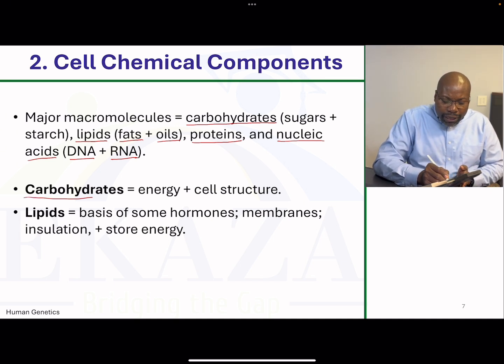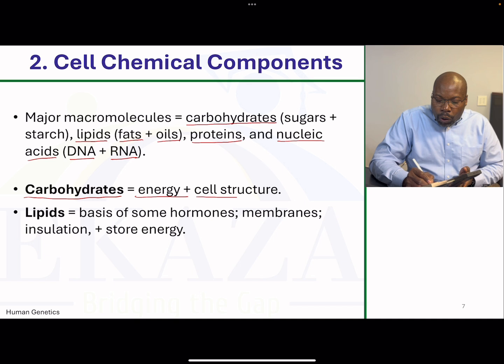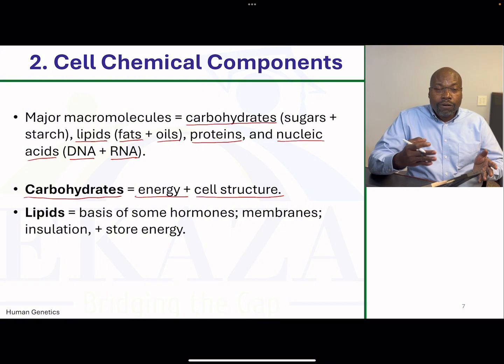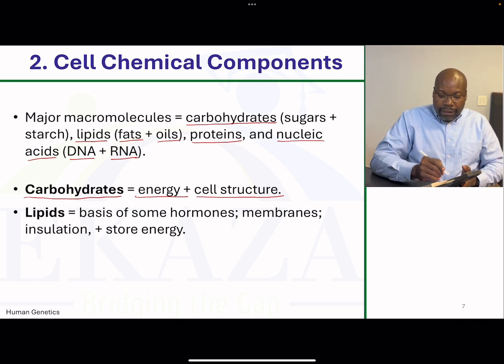The carbohydrates, again, are a source of energy, and some of them play a role in structure. For instance, cellulose is responsible for the development of a cell wall in plants, right? Without cellulose, plants do not have a cell wall, right?